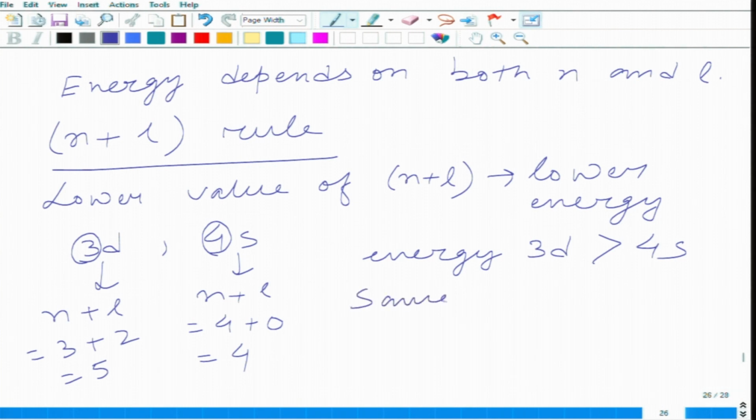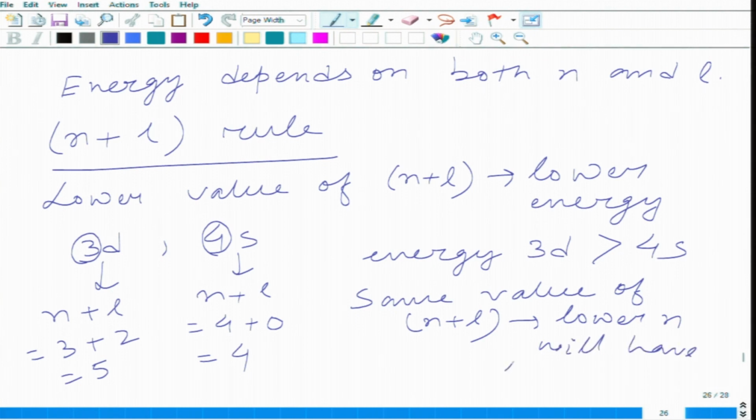Now, for the same value of n plus l, lower n will mean lower energy. Okay. Now we will see this.